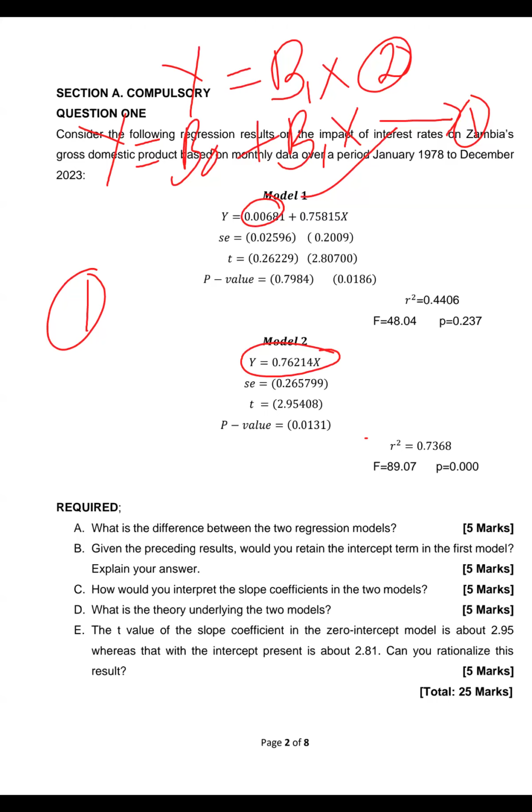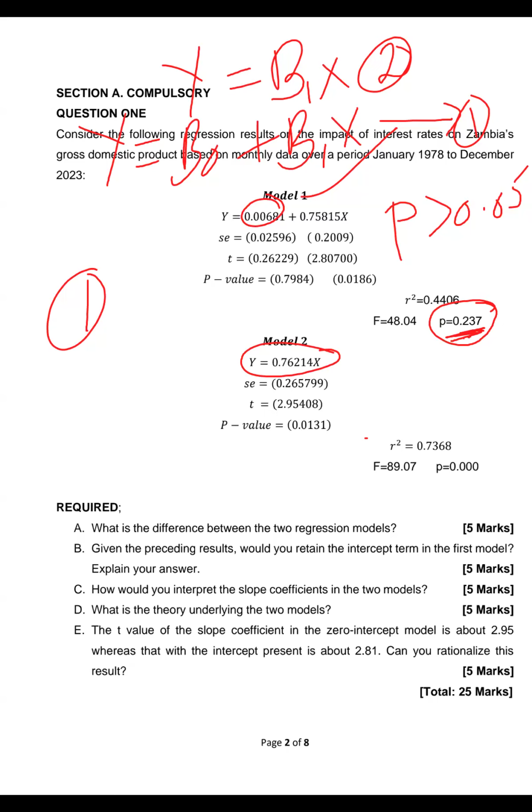Then again, you could also explain in terms of model validity. Model 1 is not statistically significant. Why? Because the p-value is greater than 0.05. This p-value is the metric that helps us measure how the entire model is specified.